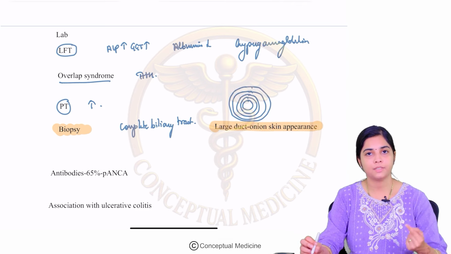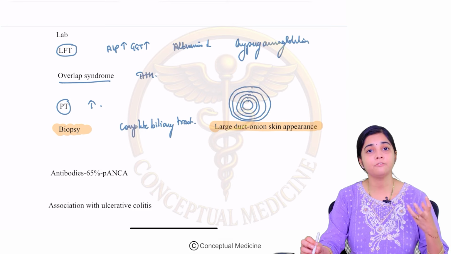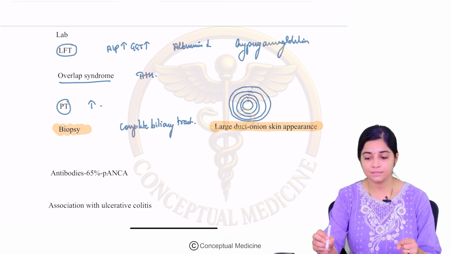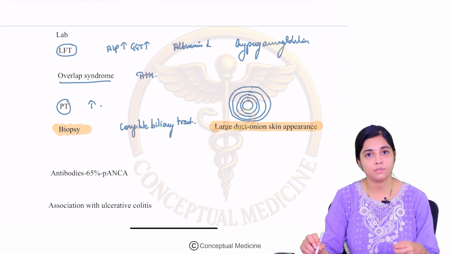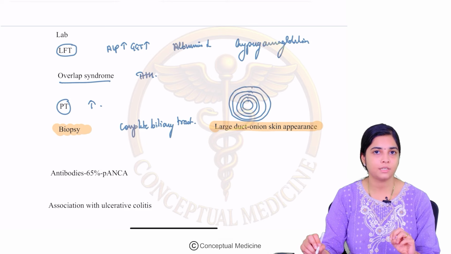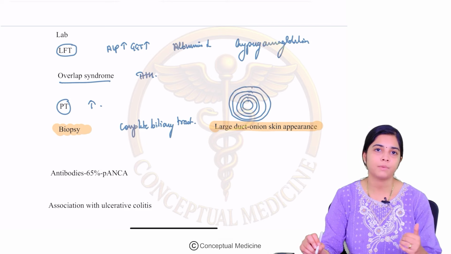The inflammation happens in concentric circles and there can be fibrosis or thickening of the biliary tract, and this gives rise to the large duct onion skin appearance. So, the large ducts when involved can have an onion skin pattern.